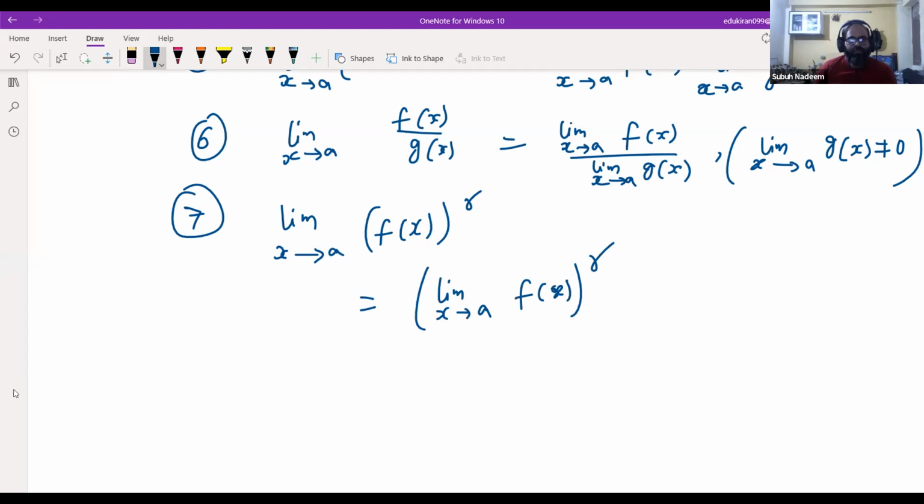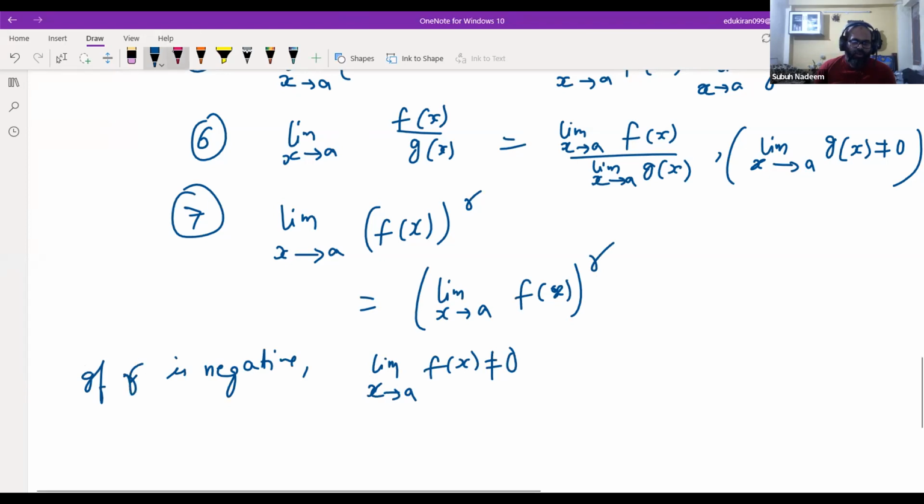Now here again, if r is negative, the limit as x approaches a of f(x) cannot be equal to 0. Why is this condition given? Suppose r is -1, a simple case.